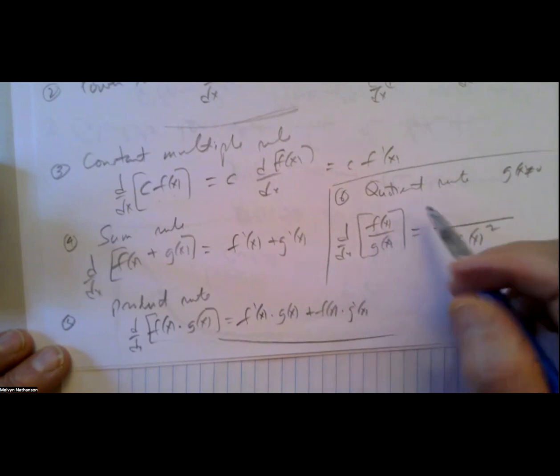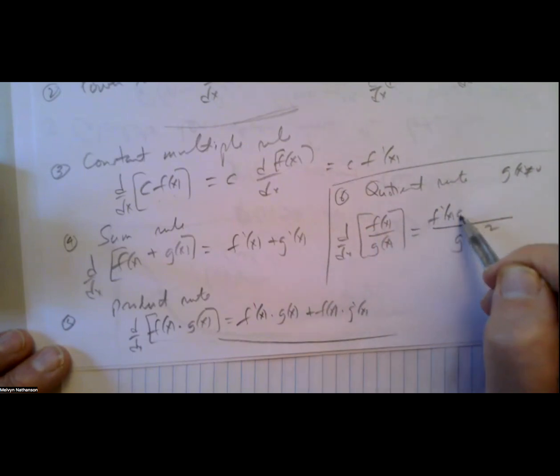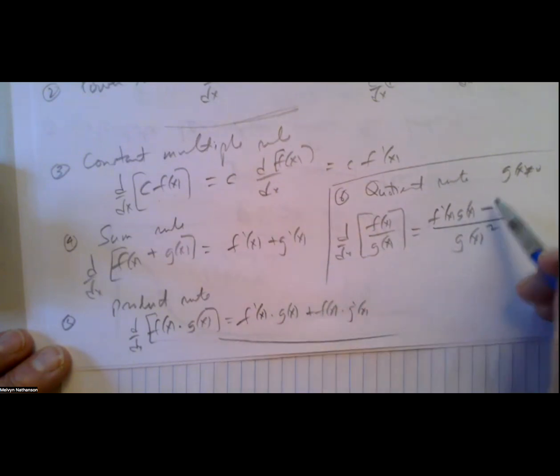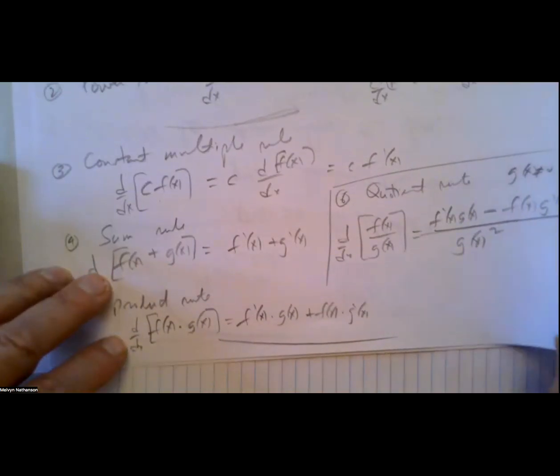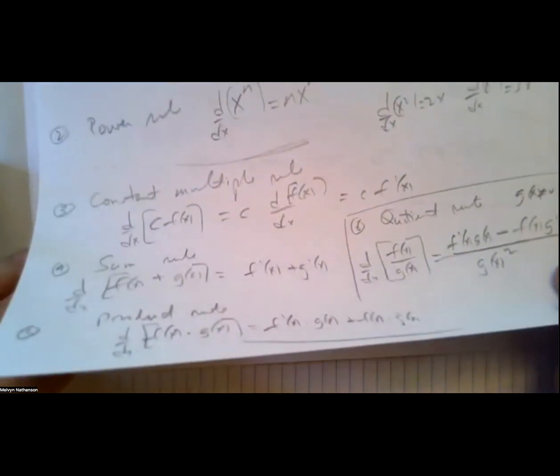And in the numerator, it's f prime of x times g of x minus, not plus. Here we had plus, here it's minus f of x, g prime of x. So these are our rules.